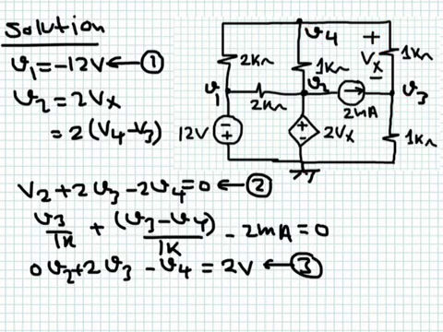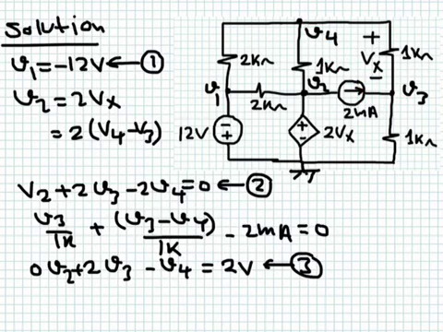Remember, and I'm repeating this again, if you have a controlling parameter like Vx, you have to express it in terms of your unknowns. In loop analysis, these unknowns are loop currents. Here in nodal analysis, these unknowns are nodal voltages. So I have here Vx is equal to V4 minus V3.